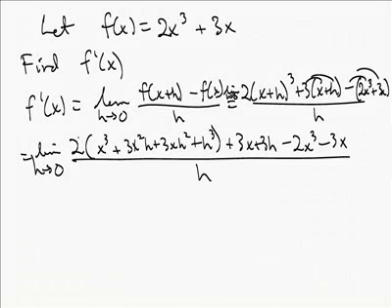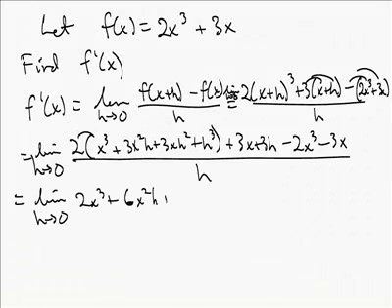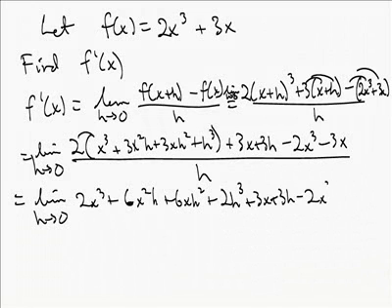Next step, we'll run the 2 through the first quantity in the numerator. The limit as h approaches 0 of 2x cubed plus 6x squared h plus 6xh squared plus 2h cubed plus 3x plus 3h minus 2x cubed minus 3x, all divided by h. We should be able to get rid of every term that does not have an h in it.